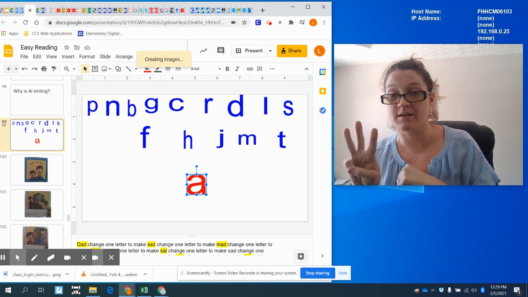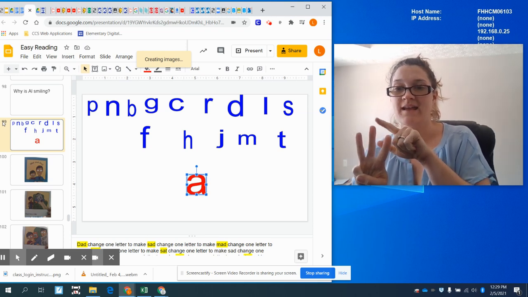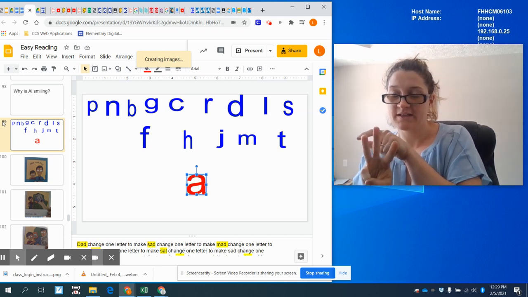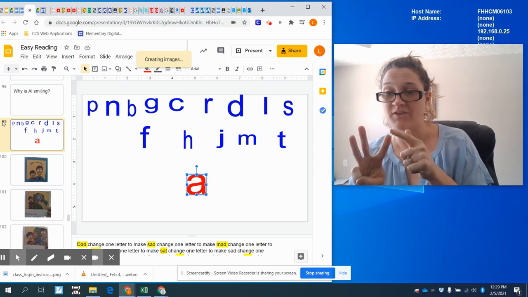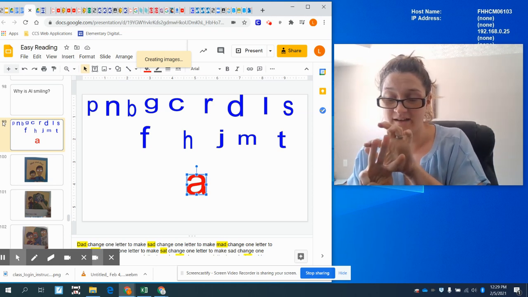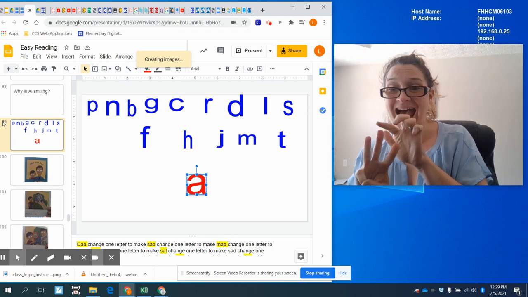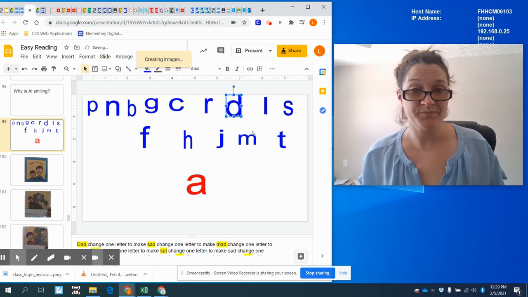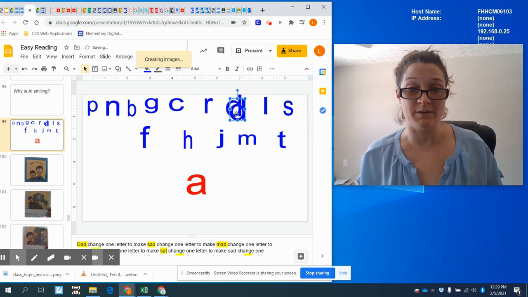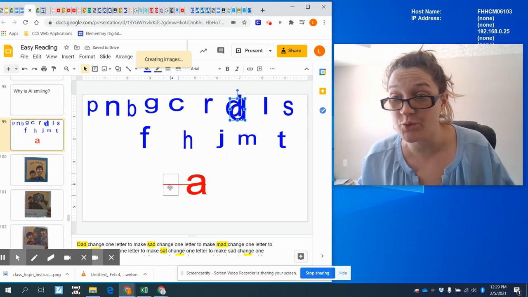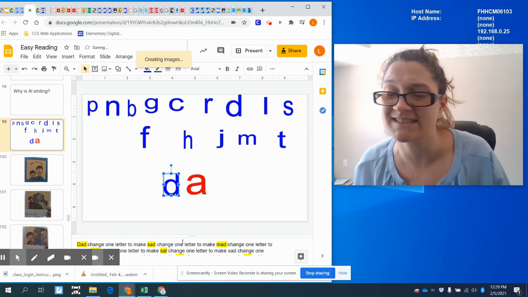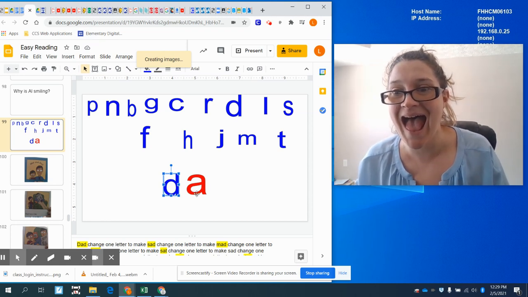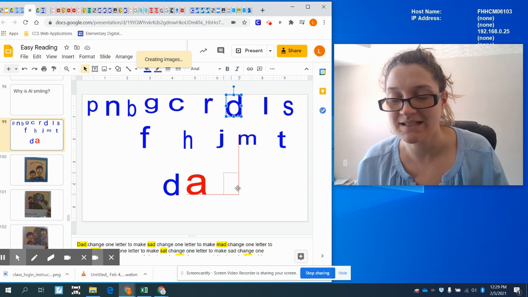So our first sound is D. Second sound, ah. Third sound, D. So that's going to help us to spell it. We have D, ah, D. Okay, so you might be able to notice that we have 2 d sounds, right?